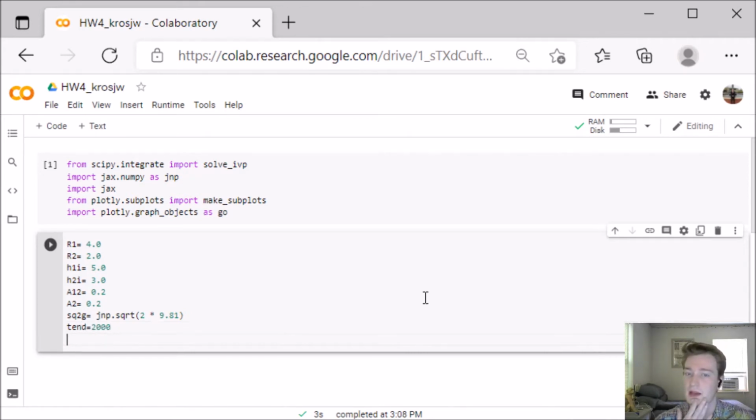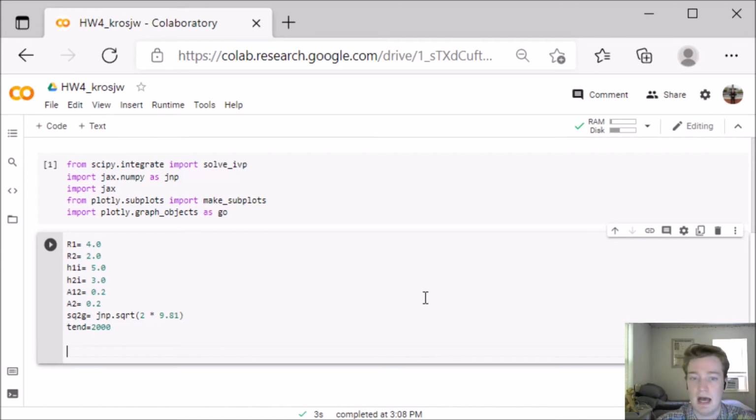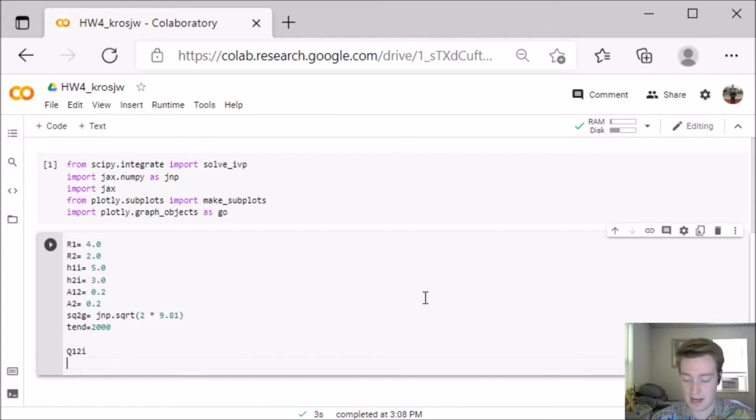Okay? Now, what else? We had the flow rates, the initial flow rates from 1 to 2 and going out of 2. So we had Q12 initial there, and Q2 initial, just like that. And these are actually going to come straight from the equations that we had from parts 1 and 2.